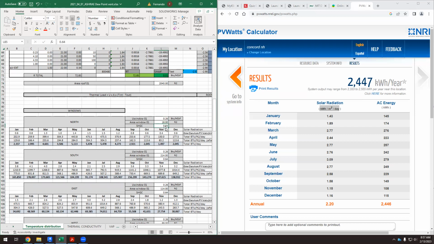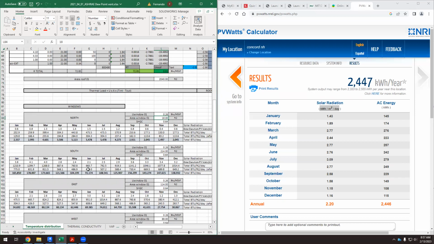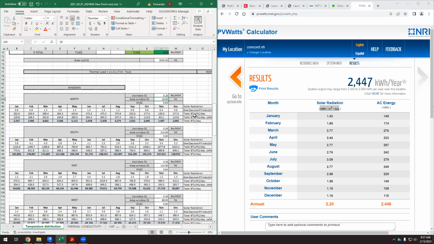Those are parameters that are the same for every window. But the area depends on the orientation. So we have to calculate the area of northern, southern, eastern, and western windows. Then we have to calculate the solar radiation outside the window, and that comes from PV Watts. So with this Excel file, we multiply the solar radiation outside the window times the area of the window times the solar heat gain coefficient.